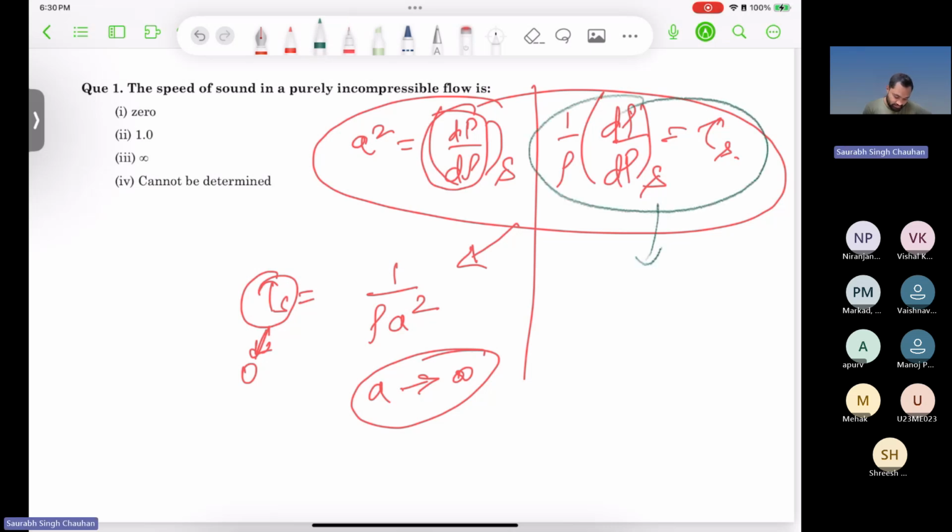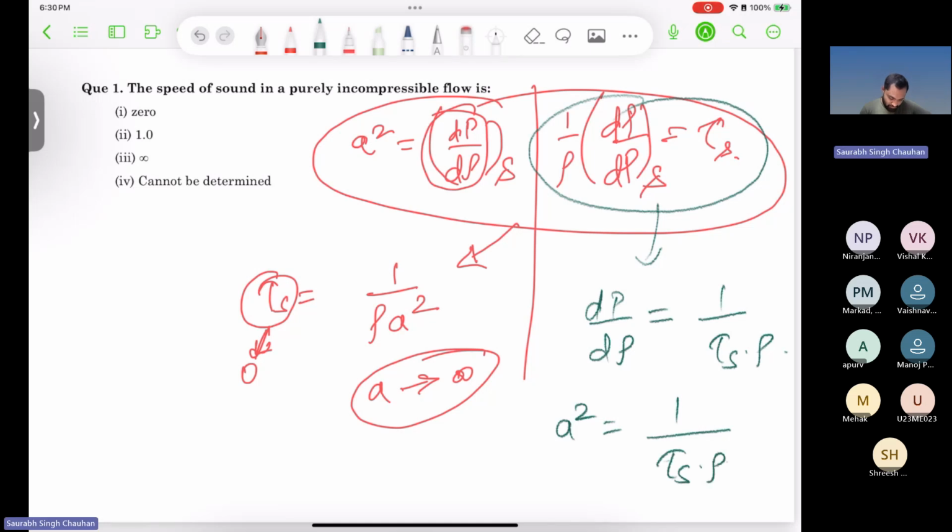From this equation, you can write dp by d rho as 1 by Ts into rho, so a square is equal to 1 by Ts into rho, correct?